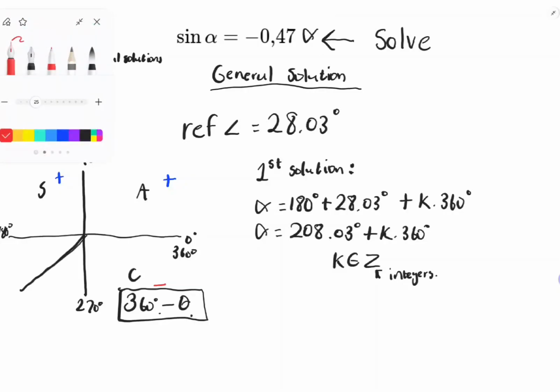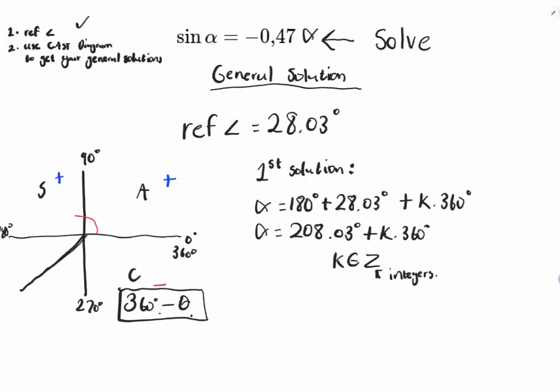This k dot 360 degrees means that if we revolve 360 degrees, we're going to get back to this same point, back to this line.